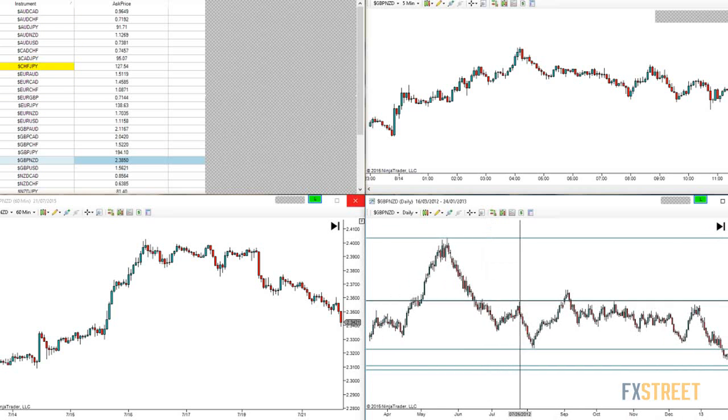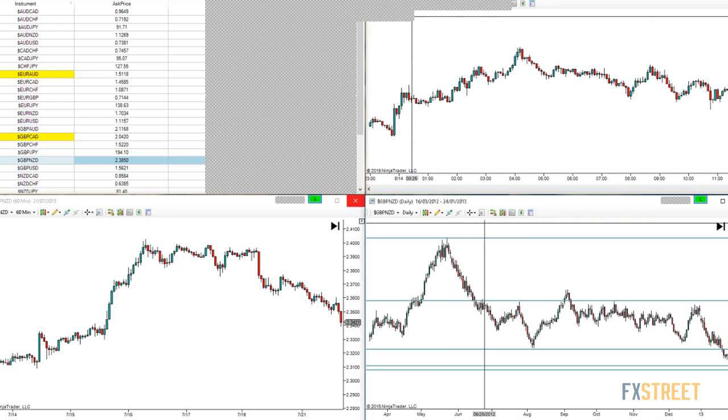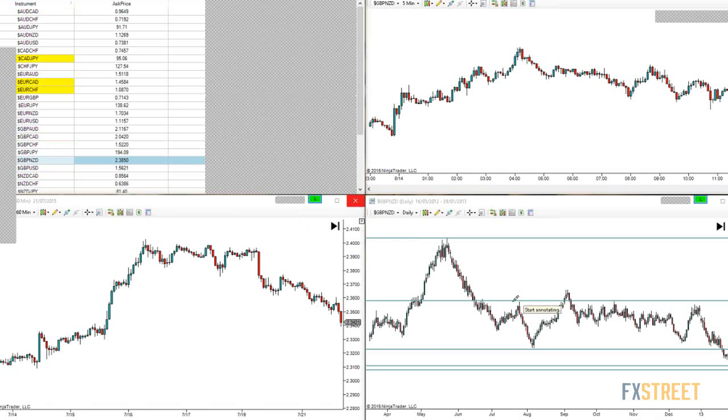So looking at this market here, now that the market's at this level, I wouldn't be selling as soon as the market gets up to this level here just because it's at that level. I'd wait for the price to react to that level and then break a previous level of support.